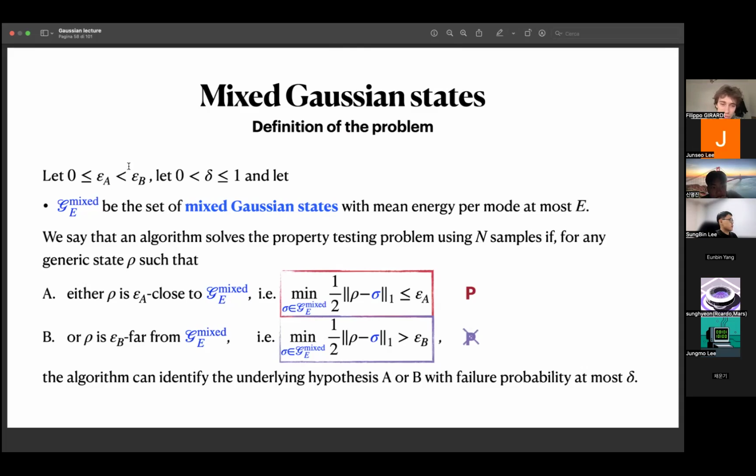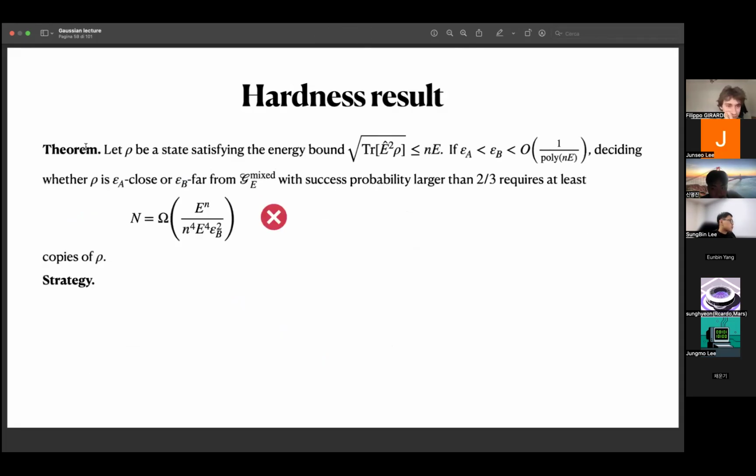So when you consider the set of mixed Gaussian states to be tested, then you just take the previous slide and you replace GE by GE mixed, and then everything is the same, apparently. The fact is that in this case, theorem, well, if you have the second moment of the energy to be constrained, and you have epsilon A and epsilon B to be at most 1 over a polynomial that I'm not writing here in terms of n and e, so polynomially bounded, then performing this property testing task, we require at least an exponential number of samples, even if you take entangled measurement.